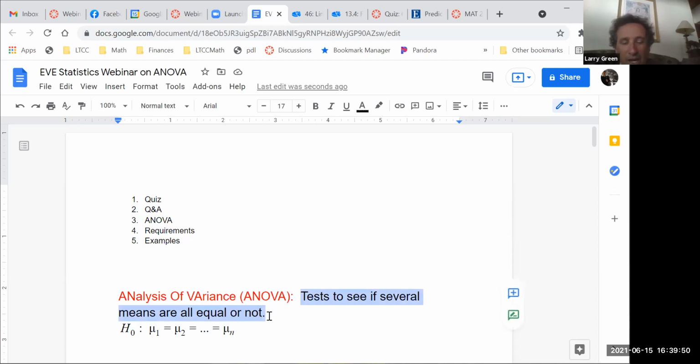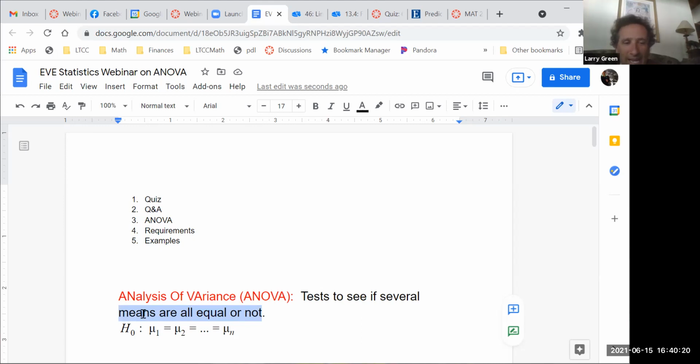Okay. So ANOVA tests to see if several means are all equal or not. One of the awful things about the name ANOVA is it's very misleading. Do you agree? Analysis of variance is a test to see if means are equal or not. I want to give you a warning: it's just what they call it.